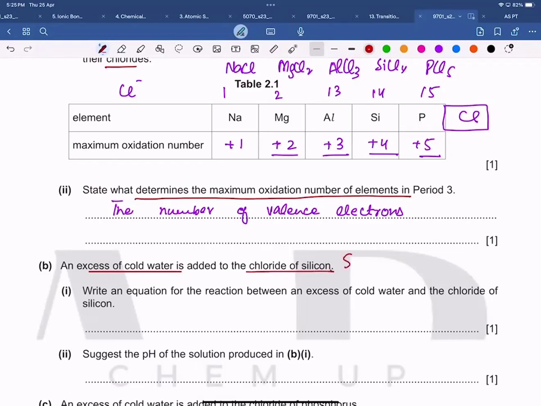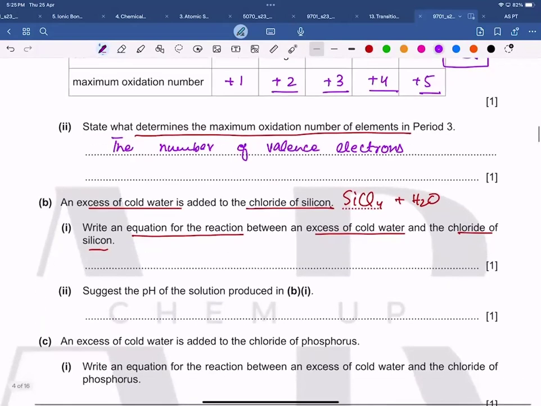It means SiCl4. Write an equation for the reaction between excess cold water and SiCl4. SiCl4 plus H2O gives you SiO2.